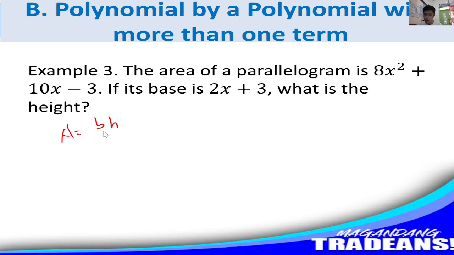And since we are looking for the height, we are going to divide both sides by b. So, cancelled. Height is equals to area over base.